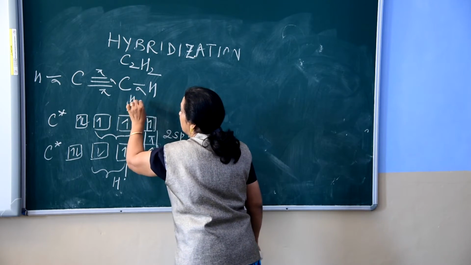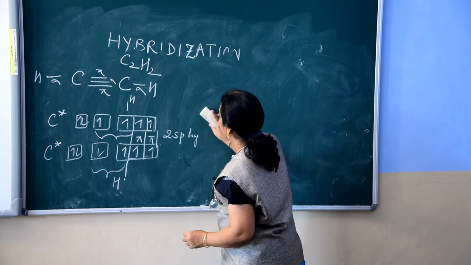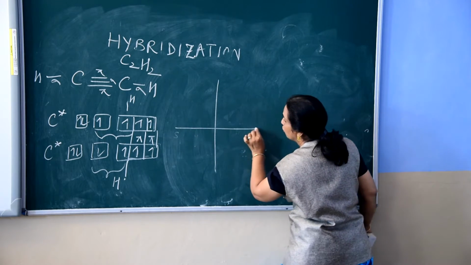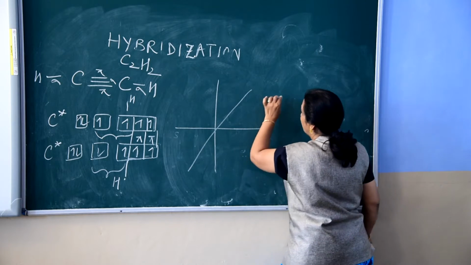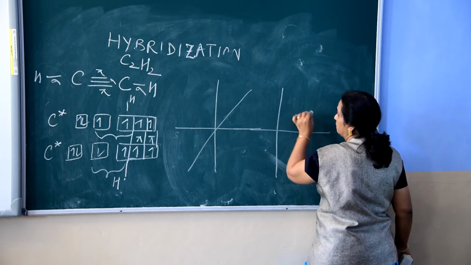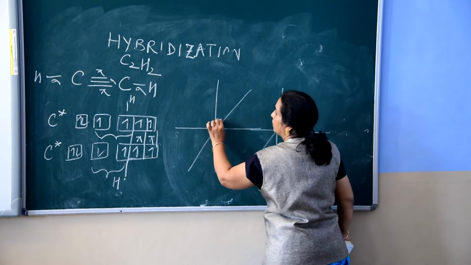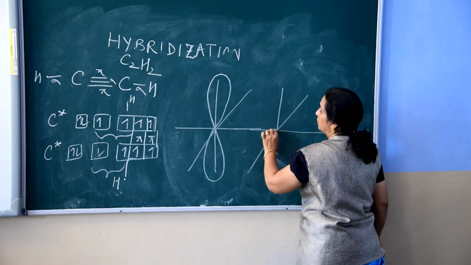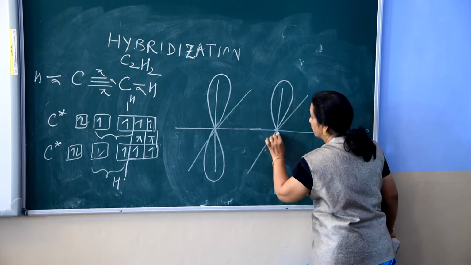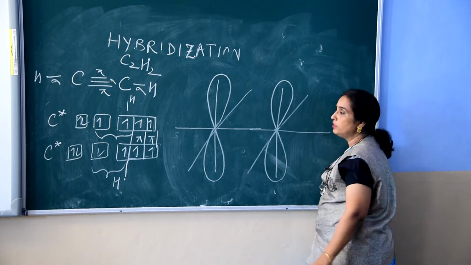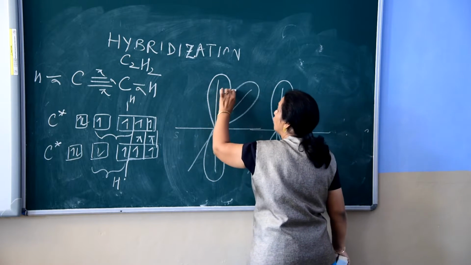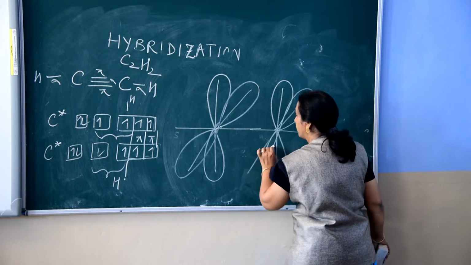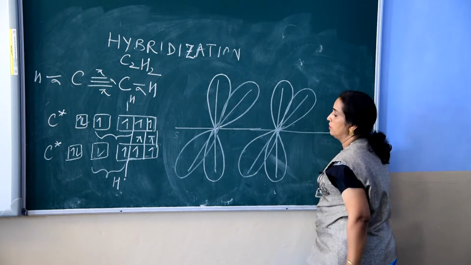For example, if we consider the lobes for both cases, there is a complete unhybridized lobe and another completely unhybridized lobe for each carbon.